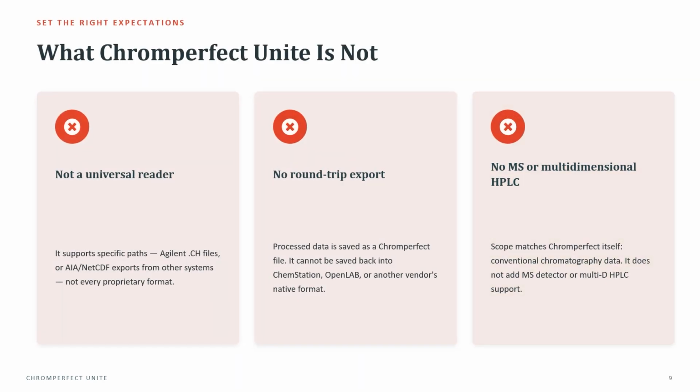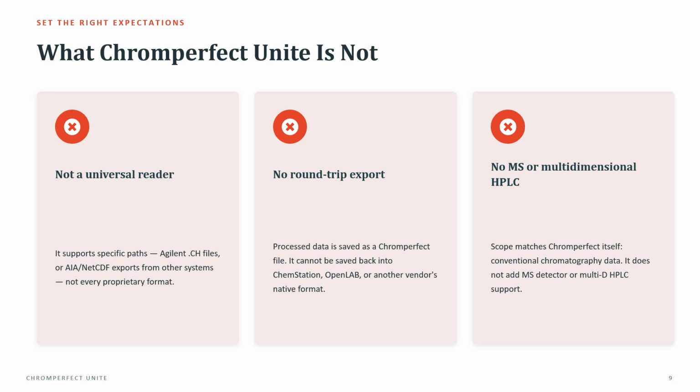What Chromperfect Unite is not. Now, some important expectations to set. Chromperfect Unite is not a universal reader, editor, or converter for every chromatography format. Compatibility follows the two paths we covered earlier. It also does not provide a round trip back into the original vendor's software.